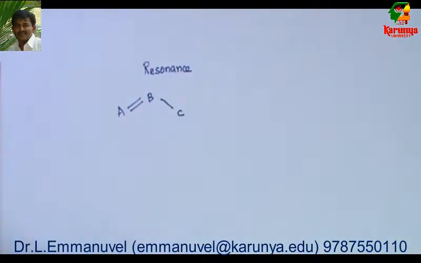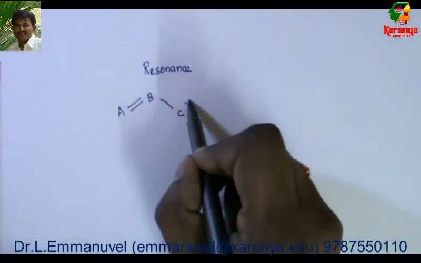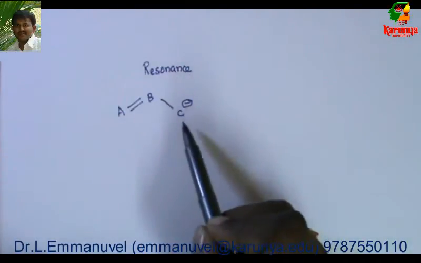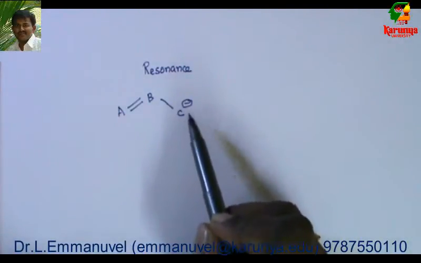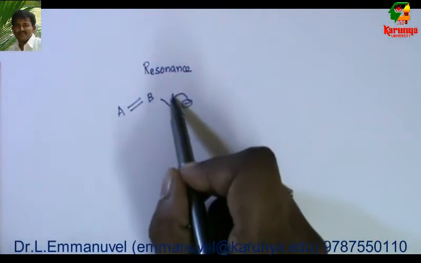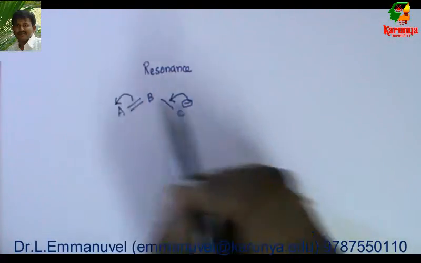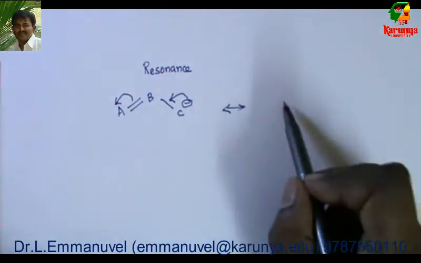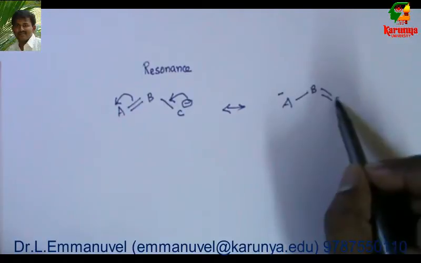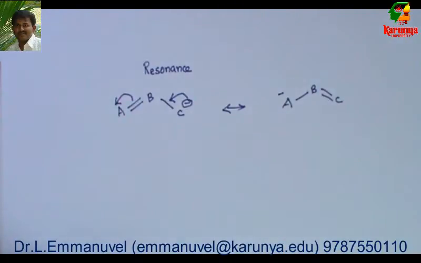I have taken A, B, C. If there is a minus charge on this, there is a double bond. Afterwards, on the atom C, we have a minus charge. Then this may fall here and what we get is A minus. This is called resonance.